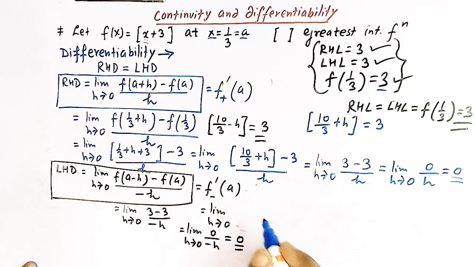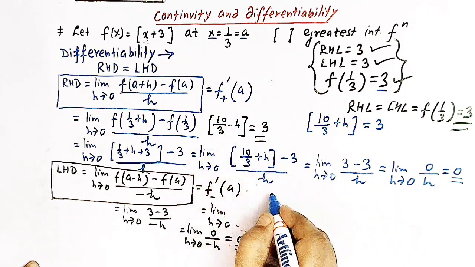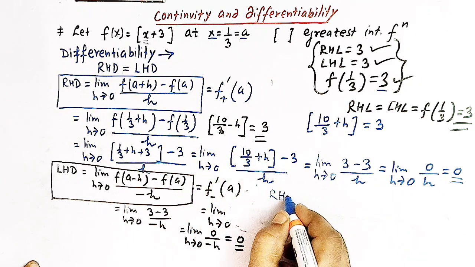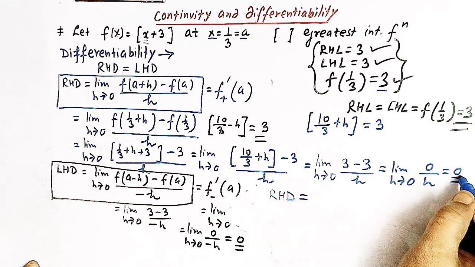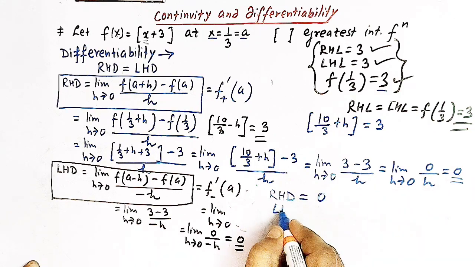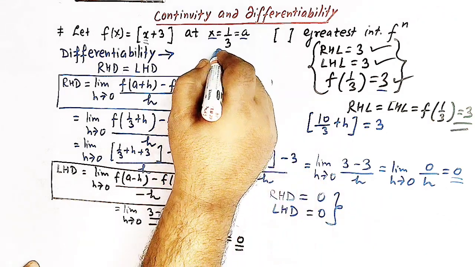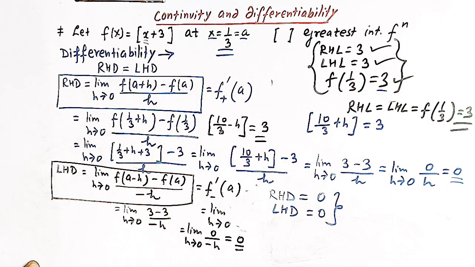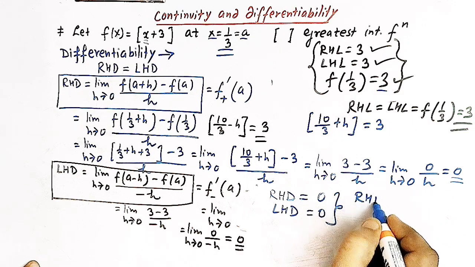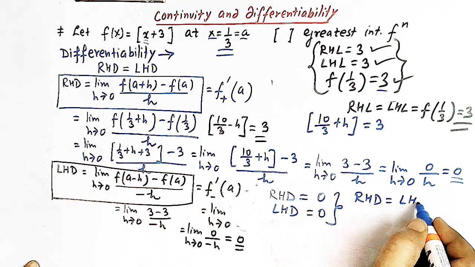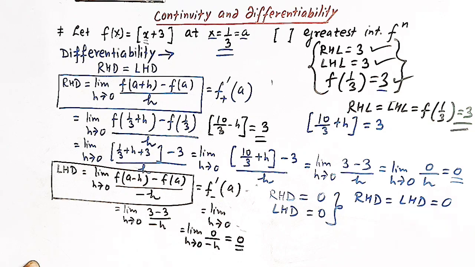So viewers, we have seen that the right hand derivative is equal to 0, and the left hand derivative is also equal to 0 at this point 1 over 3. The right hand derivative is equal to the left hand derivative, which is equal to 0.